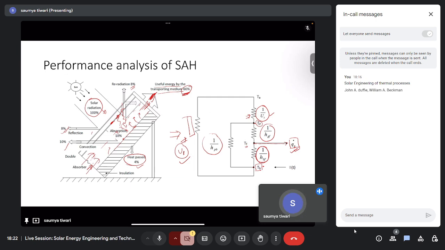So only 60% of the incoming solar radiation is used, at the given conditions as shown here, right? So this is the derivation. I will not go deep into the derivation.